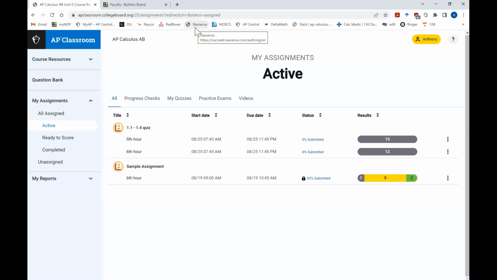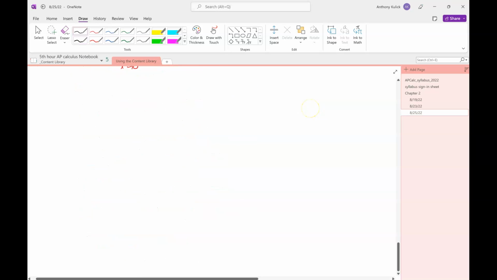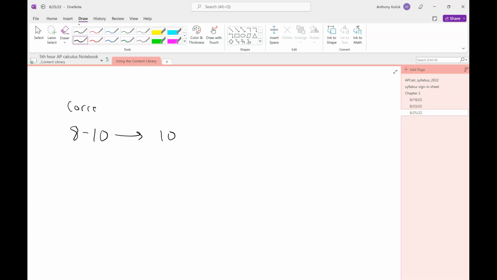Let's say we wanted to set some bands for this. Let's say 8 to 10 correct is 10 points. 6 to 7 is 9 points. 4 to 5 is 8 points. 1 to 3 is 7 points.